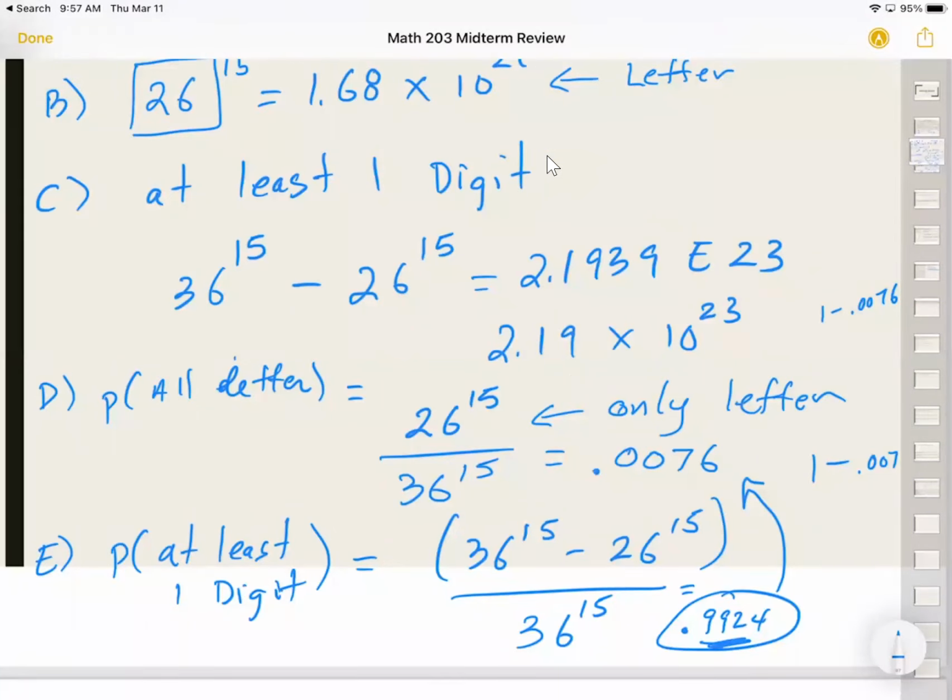Because again, we throw away the passwords that just have letters, because they ask us for at least one digit. So at least 1 digit, meaning we throw away all the passwords with only letters. The probability of all letters is 0.0076. So we eliminate that, we throw that away. The probability of a password that has at least 1 digit is 0.9924.